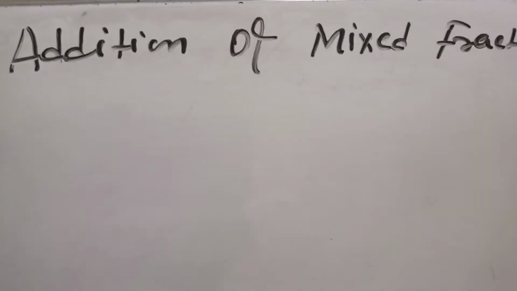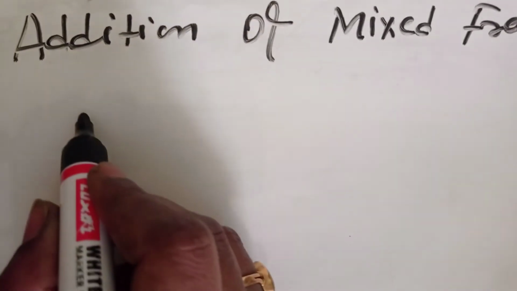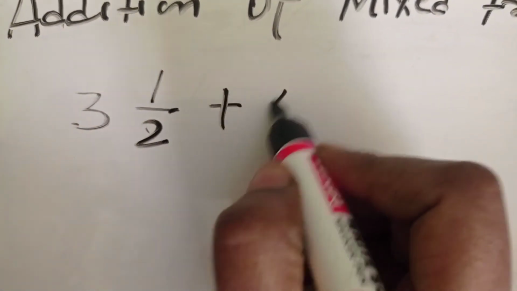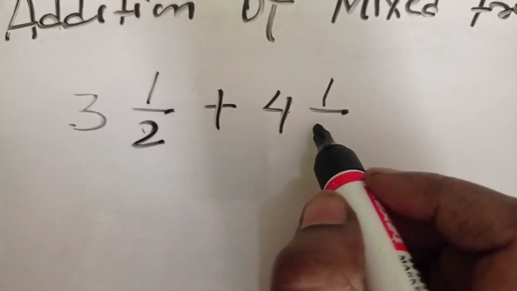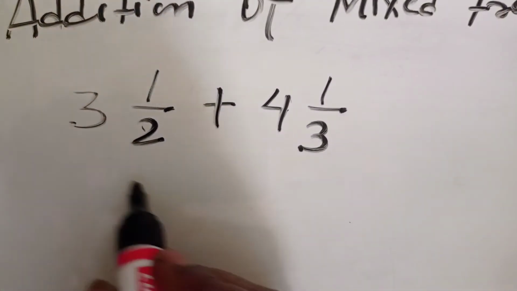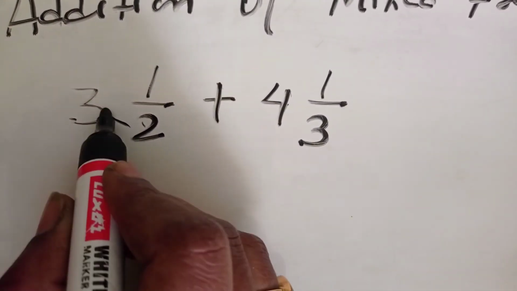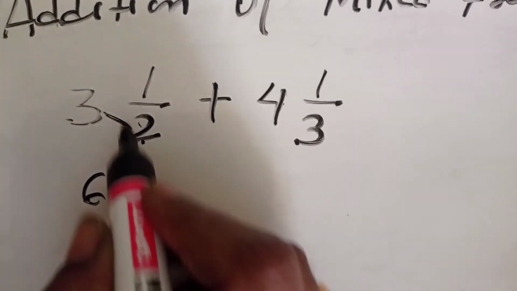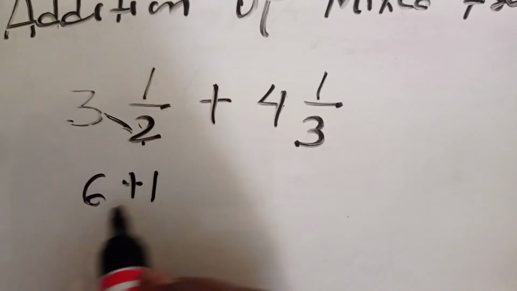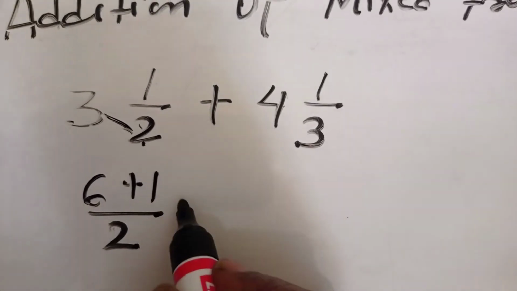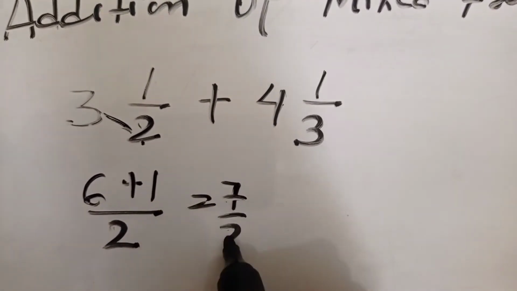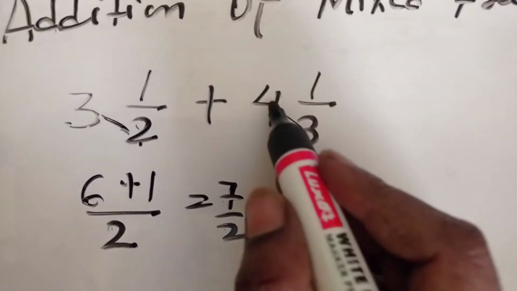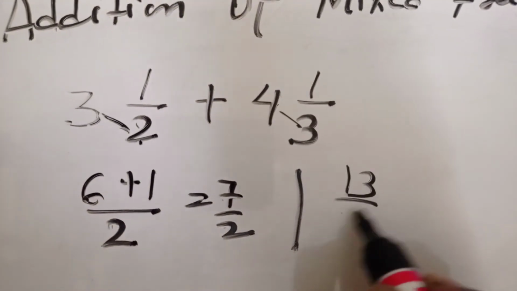Okay, 59/15. Addition of mixed fractions. Suppose 3 1/2 plus 4 1/3. First make it improper. How to convert into improper? 3 into 2 is 6, plus 1, न्यूमरेटर से प्लस करेंगे, upon 2, it becomes 7/2. The other one is 4 into 3, 12 plus 1, 13/3.